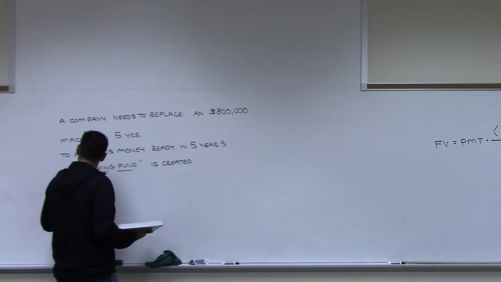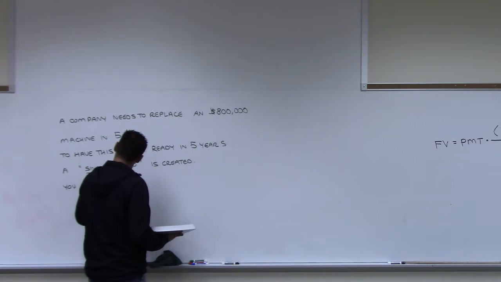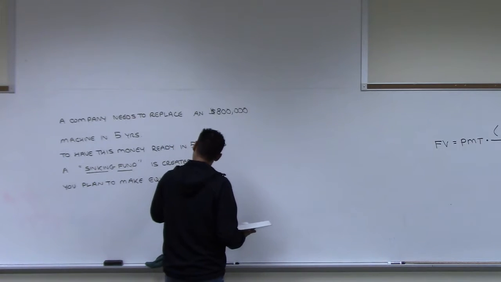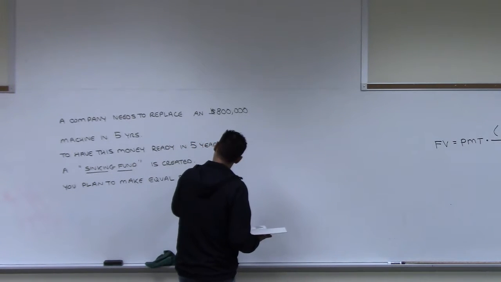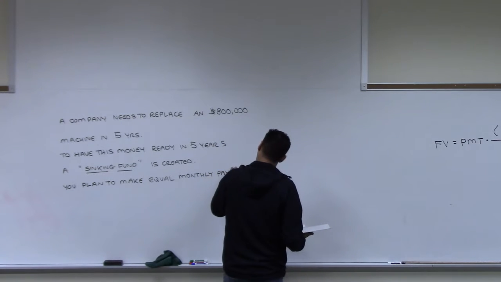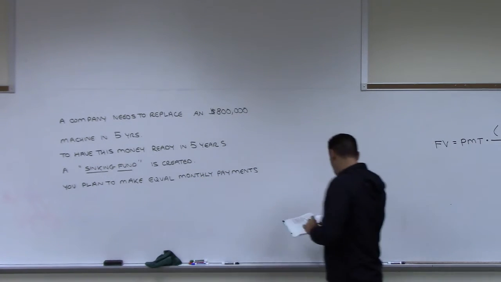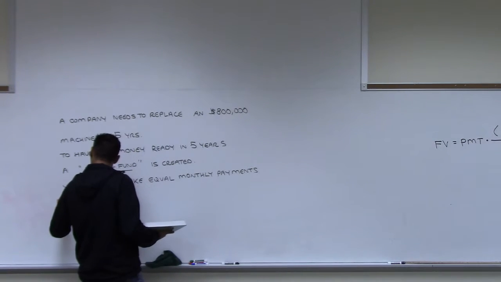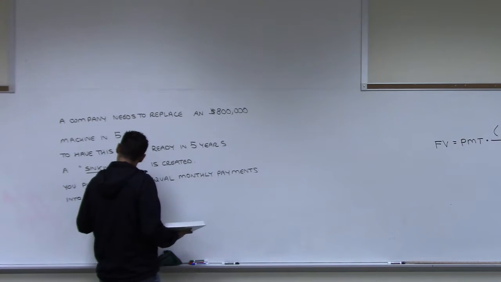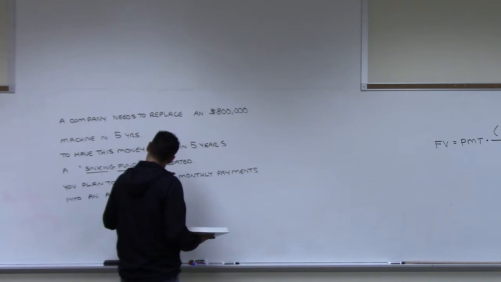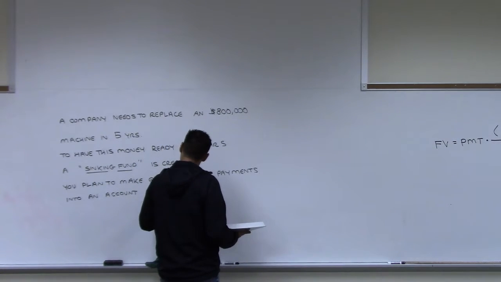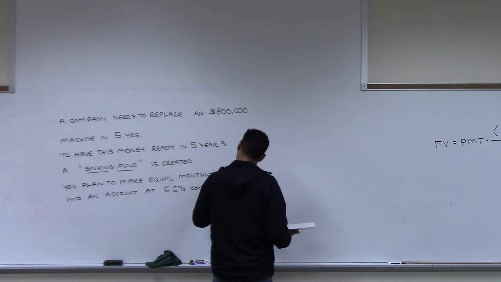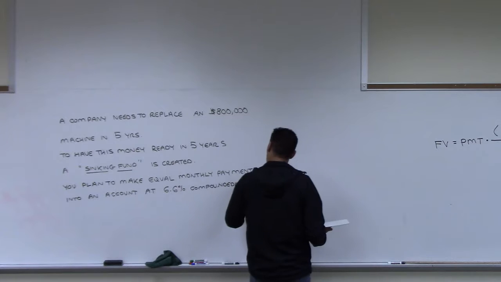You plan to make equal monthly payments into an account at 6.6% compounded monthly.